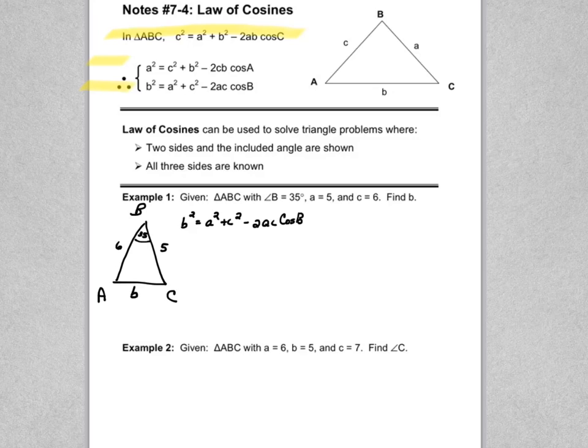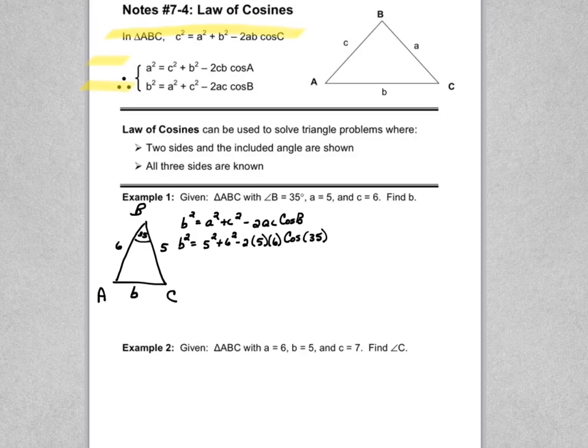So b squared is going to be a squared, which is 5 squared, plus c squared, which is 6 squared, minus 2 times 5 times 6, times the cosine, and the angle B is 35 degrees, so that's cosine of 35. Again, be sure you're in degrees.